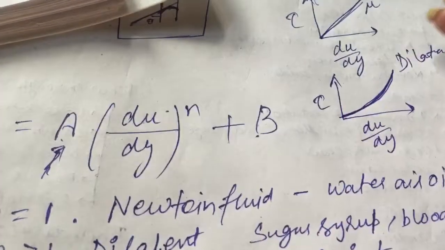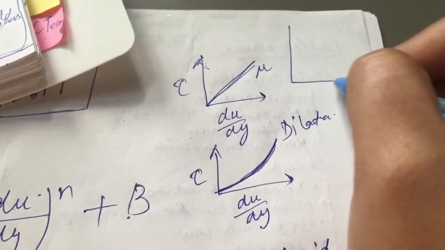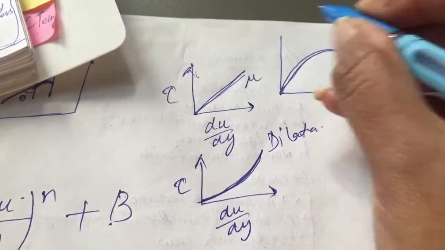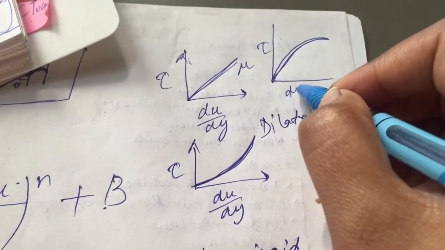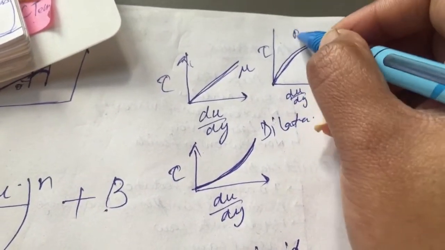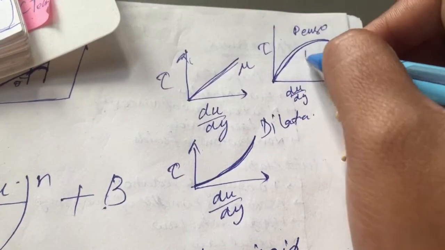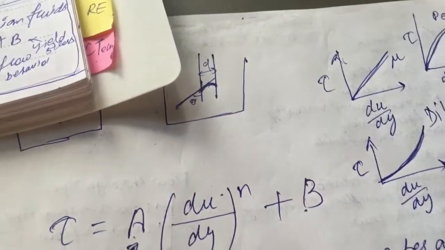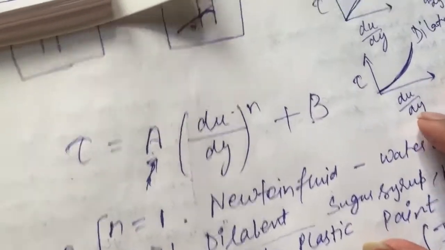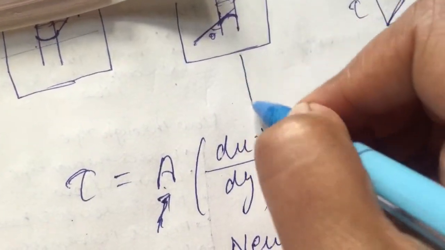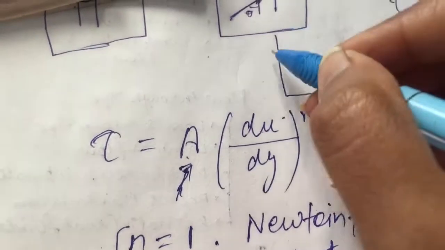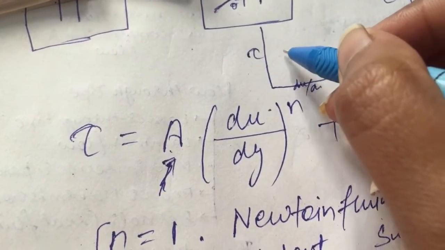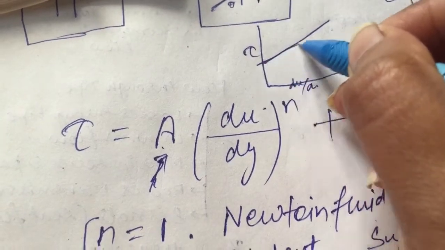For pseudoplastics, the graph would be like this between tau and du by dy. And for Bingham fluid, our graph would be like this.